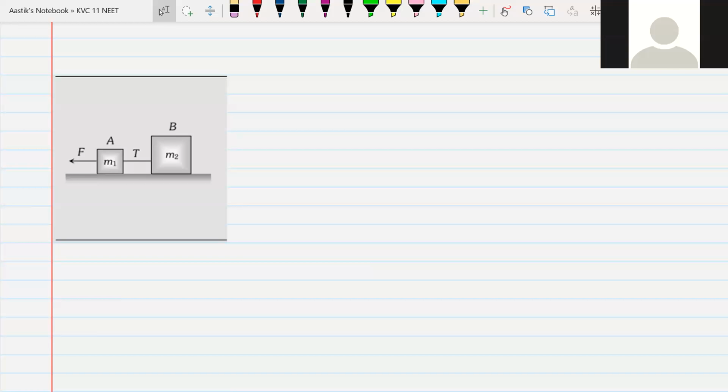That is correct. Can you also give me the value of tension? Tension between the strings. Tension in the string between them.